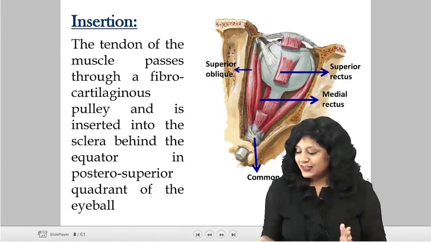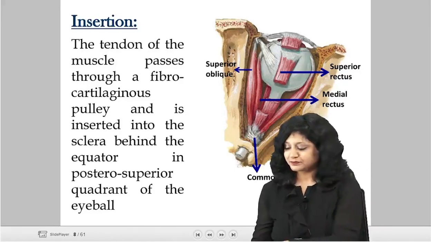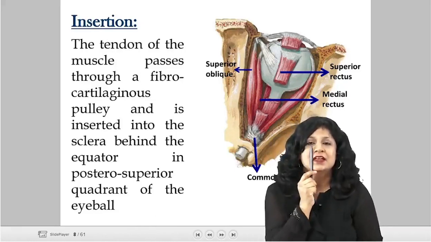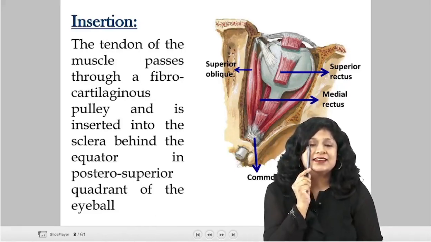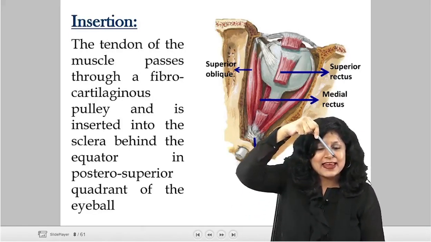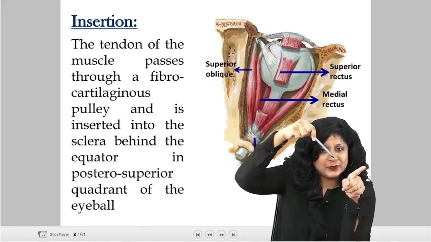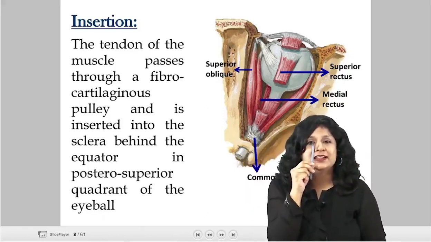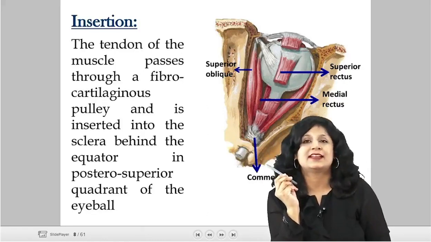Now what is that? See, suppose this is your eye and I am looking in the primary gaze like this. Now from this I can turn inwards, like this. So this will be intorsion, rotating inwards. Or there is another condition where I can rotate the eye outward, that will be your extorsion.